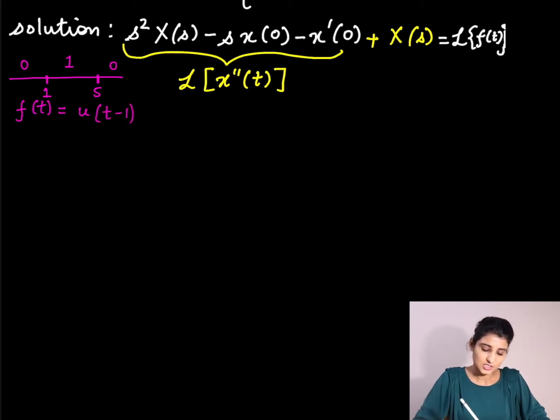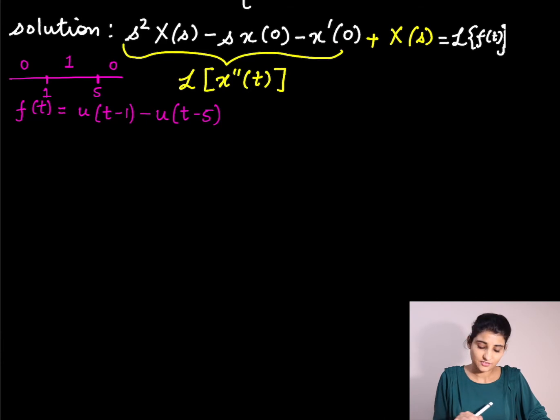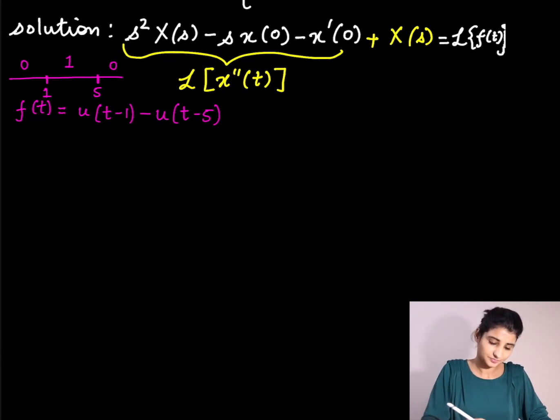It means this function is 0 for values less than 1, and it's 1 for values greater than 1. But we want it to be 0 after 5, right? So we will subtract the Heaviside function of t minus 5. If we take values greater than 5, then 1 minus 1 will give us 0, right?